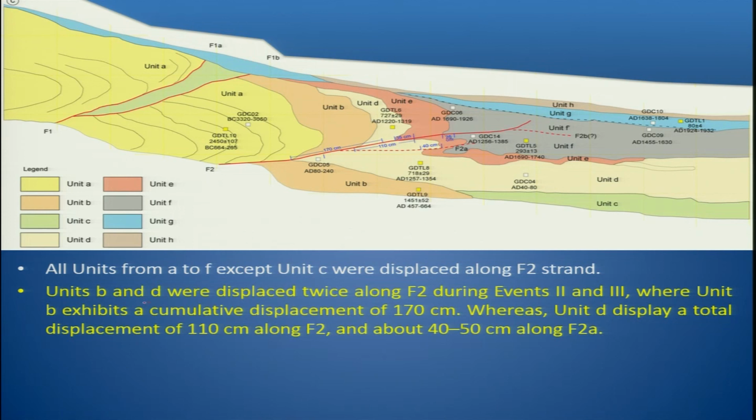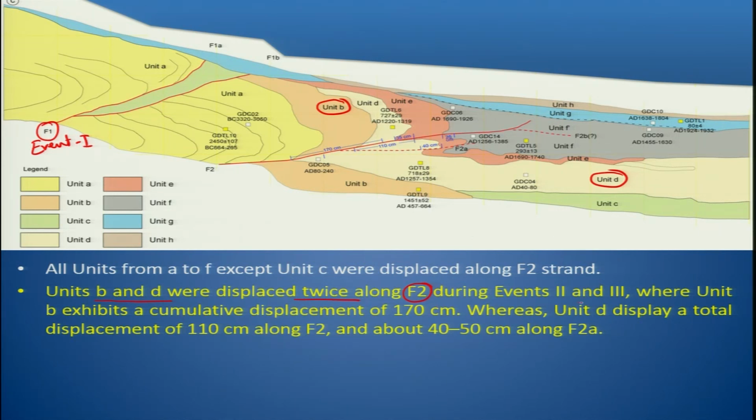Now if we take unit B and D, you have unit B and unit D as this one. They were displaced twice, and that was along F2 during event 2 and 3, because event 1 was along F1.